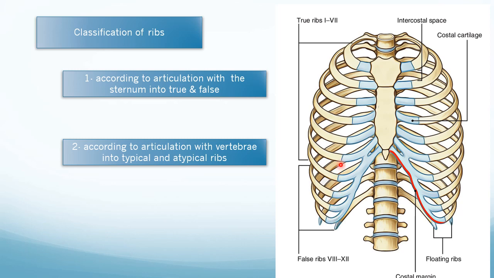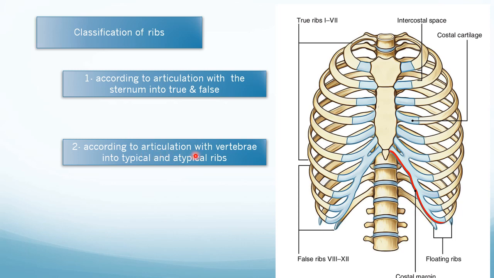The false ribs are also classified into vertebrochondral, and the true floating ribs. The last 2 ribs are called floating ribs because they are not attached to the costal margin and not to the sternum.